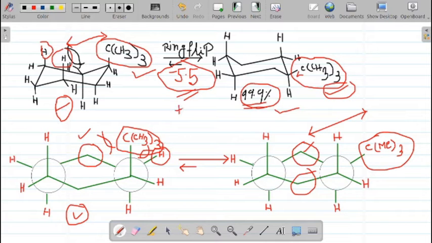Okay, so the change will be spontaneous. So this equatorial conformation is more stable than this axial conformer.